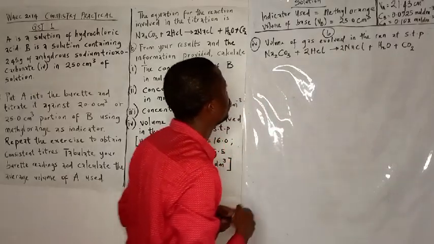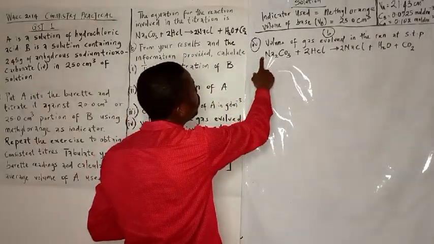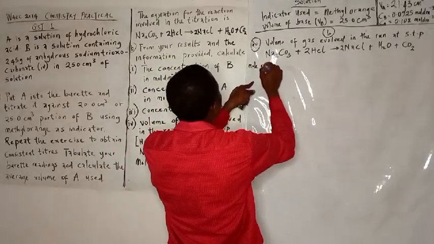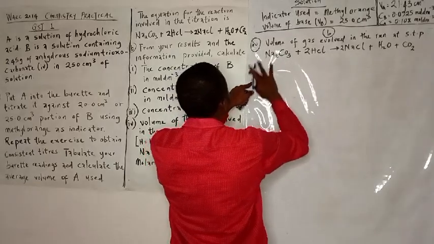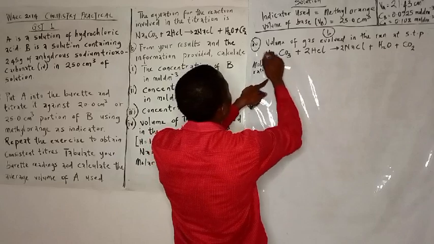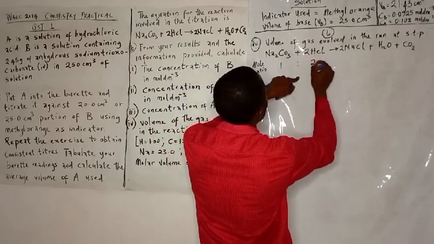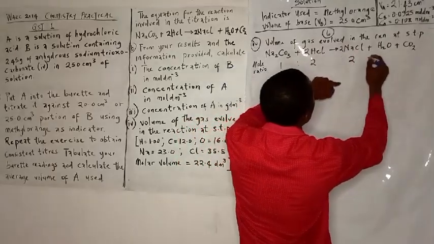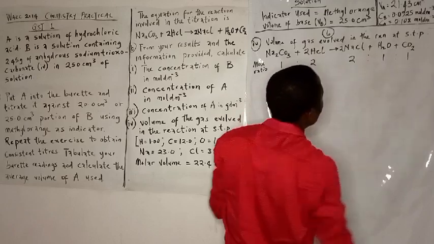Now if we look at the mole ratio, we have 1 mole of sodium carbonate reacting with 2 moles of hydrochloric acid, giving us 2 moles of sodium chloride plus 1 mole of water plus 1 mole of CO2 gas.